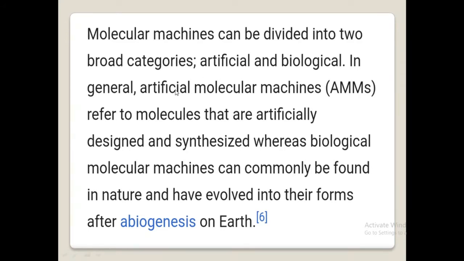Artificial molecular machines are not available in the living system; they are designed and synthesized in the laboratory. Biological molecular machines are already found in nature, and they evolved into their forms after abiogenesis on Earth, that is, after the genesis of life. These biological molecular machines started doing their work; they were designed, formed and doing the work.